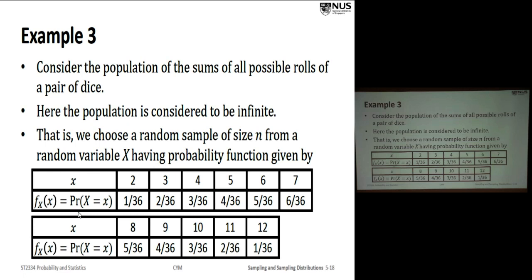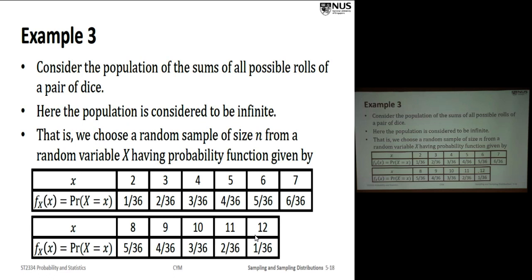The probability that I get 2 is the chance that I get two 1s, and that's 1 over 36. The chance I get a 3 is if I get a 2 and a 1, and there are two ways of doing that, so that's 2 over 36, and so on and so forth. X is 12 with probability 1 over 36, I have to get two 6s, and so forth.